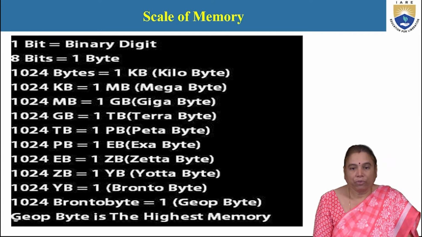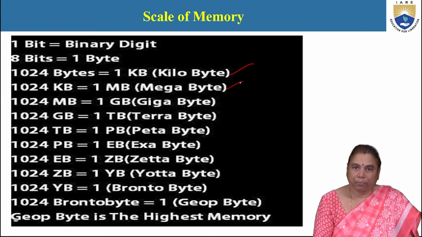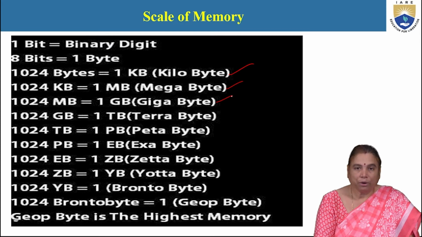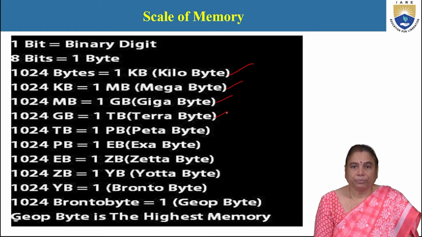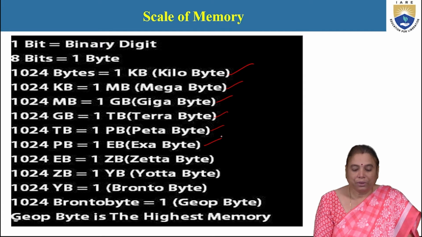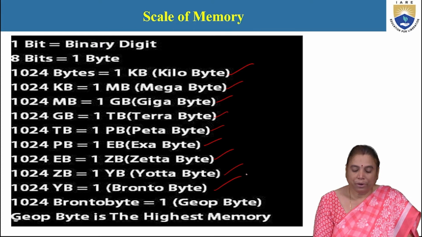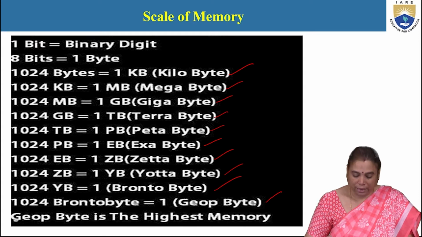A collection of 1024 bytes is 1 KB. 1024 KB is 1 MB, megabyte. 1024 megabytes is 1 gigabyte. 1024 gigabytes is 1 terabyte. 1024 terabytes is 1 petabyte. 1024 petabytes is 1 exabyte. 1024 exabytes is 1 zettabyte. 1024 zettabytes is 1 yottabyte. 1024 yottabytes is 1 brontobyte. 1024 brontobytes is 1 geopbyte. That is the highest memory scale.